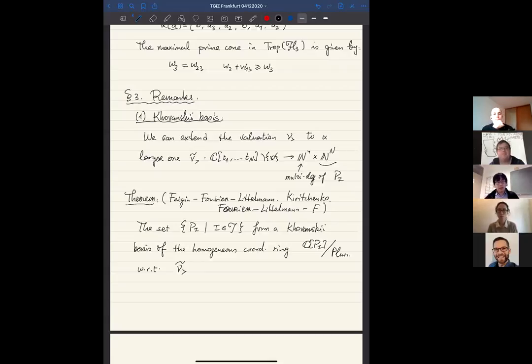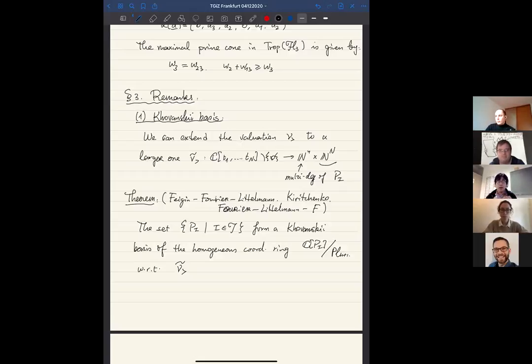So this is the key point of the proof of the previous theorem, because once you know that you have a Khovanskii basis, then you can run this subductive algorithm, starting from the initial term, to produce more terms.